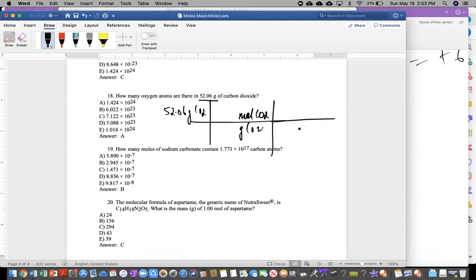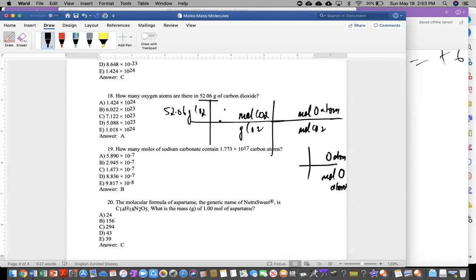And then from moles of CO2, the ratio to the moles of oxygen atoms. Once I have the moles of oxygen atoms, I'm going to continue this down here. Moles of oxygen atoms to oxygen atoms. And that will give us the final answer.